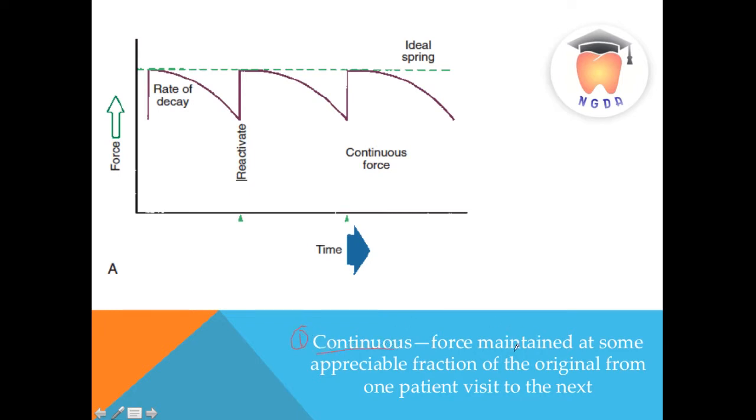In continuous force, the force is maintained at some appreciable fraction of the original from one patient visit to the next. When the patient visits, the orthodontist applies force, so there is an increase in the force as you can see in this diagram. The force starts gradually decreasing, but it doesn't become zero.